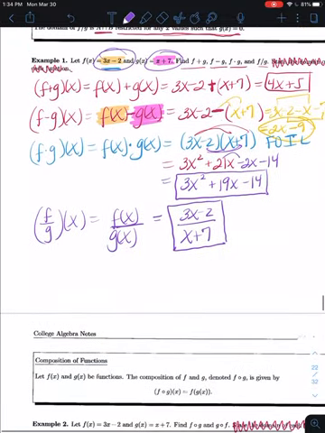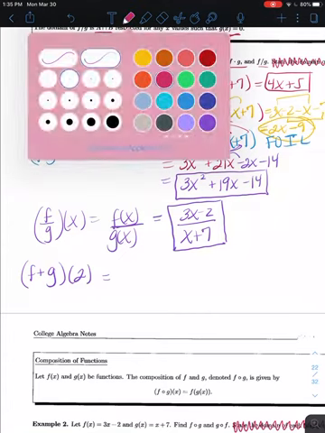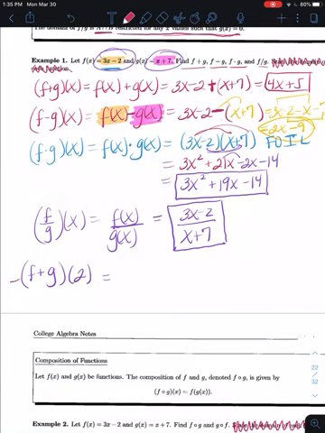All right. So also you may run into some examples where you may see something like f plus g of 2. If you see something written like that, f plus g, and there's a number in front of it, all you have to do is go find the f plus g answer, which is here. So f plus g of x, that's here.